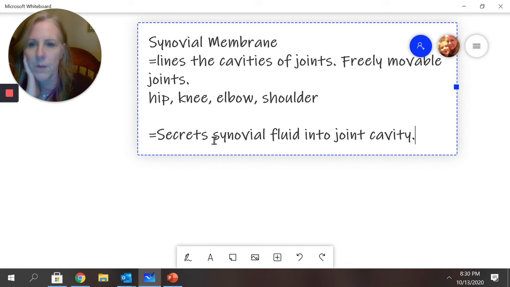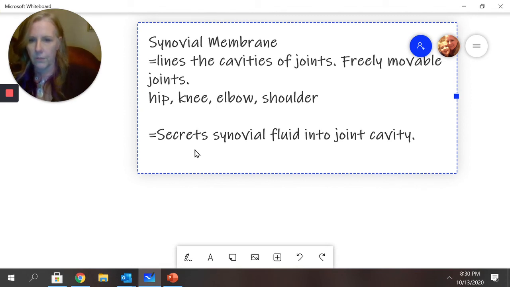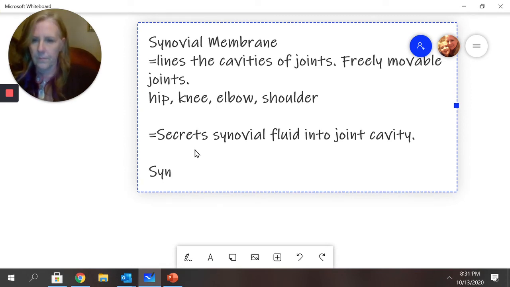What does the synovial membrane do? It secretes synovial fluid into the joint cavity. What does the synovial fluid do? Its major function is lubrication.